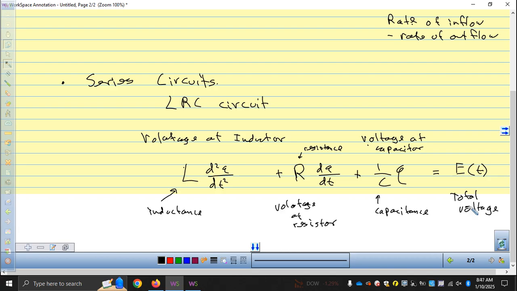The inductance is measured in henries. The resistance is in ohms. And the capacitance is in farads. Q is the charge.